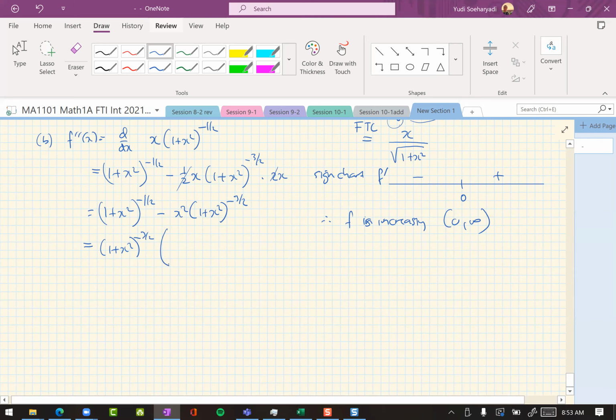Okay, so this one is just another 1 plus x squared. And this one minus x squared.